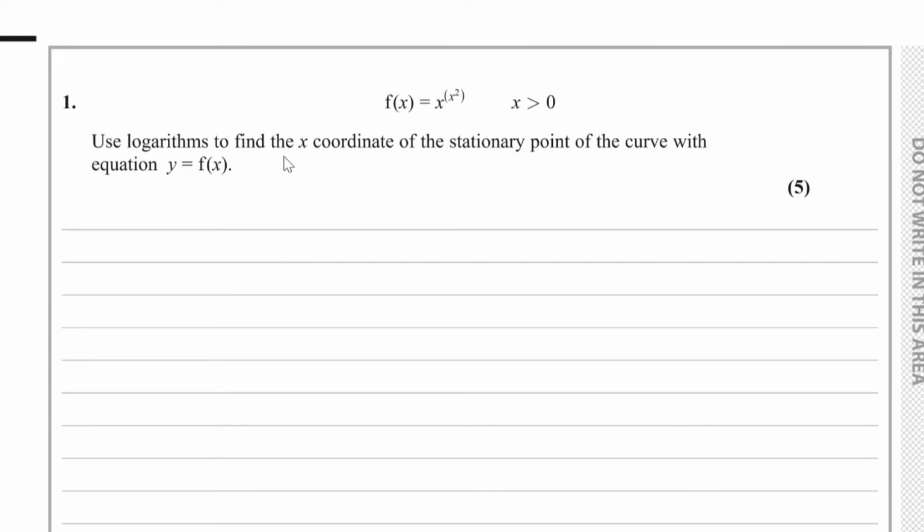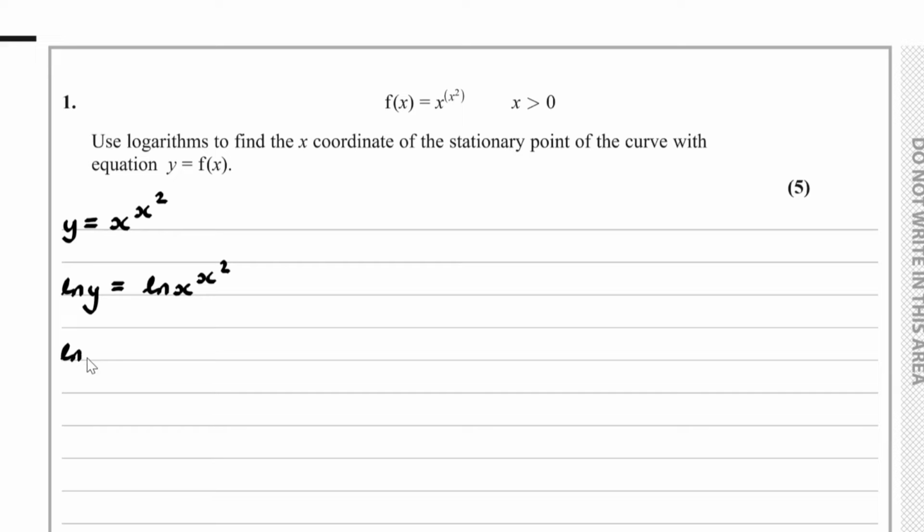We have to use logarithms to find the x-coordinate of the stationary point of the curve with equation y equals f of x. So we begin with y equals x to the power of x squared. Now if we use logarithms, taking the natural log of both sides, we would have the natural log of y equals the natural log of x to the x squared.